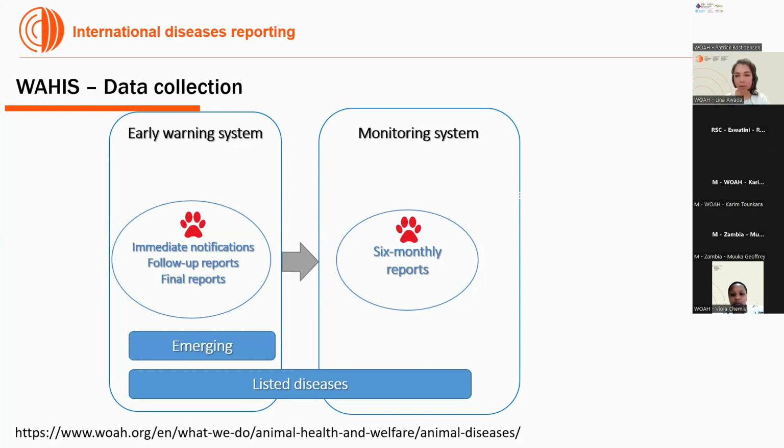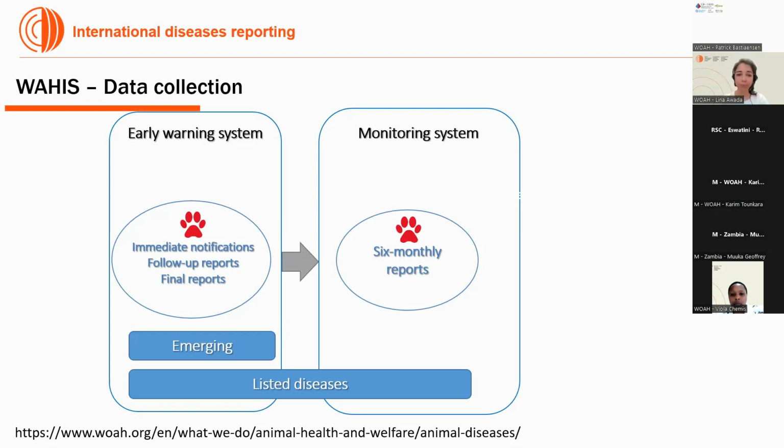We have an early warning system or channel, and this is for exceptional events. So whenever there is an exceptional event, which means like the first occurrence of a disease or a recurrence after some time or a big epidemiological change in the country, an alert should be submitted by the country within 24 hours of confirmation if it's a listed disease. And then there are follow-up reports that are meant to be submitted weekly until the situation has stabilized or has been resolved.